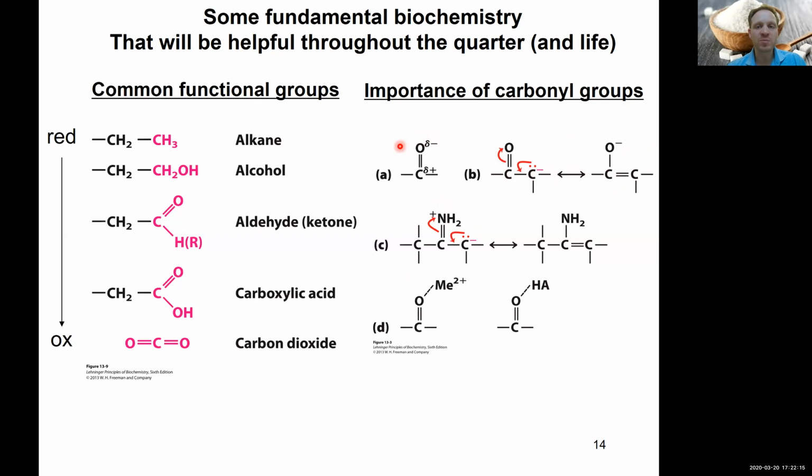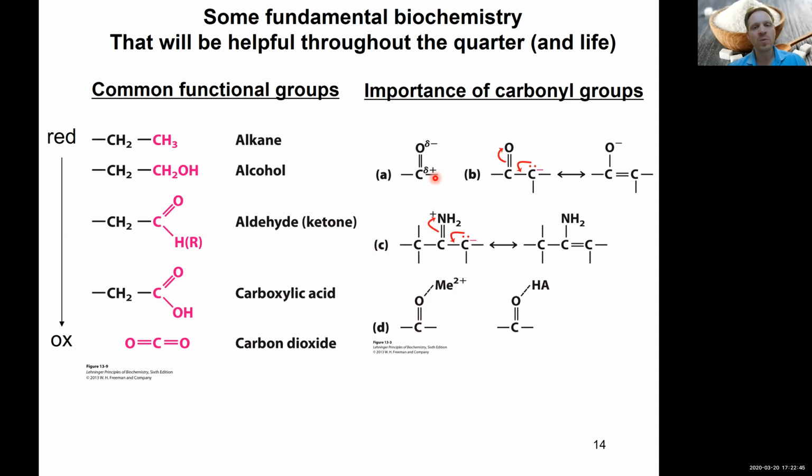For the most part, what we will see this quarter are these carbonyl groups here. And one important aspect that we will see in ATP is if you add acids, like this one here, that's an acid, or you add positively charged metal groups, you can actually increase the draw of electrons from this carbon, and you can increase the relative positive charge of this carbon, weakening the bond even further.